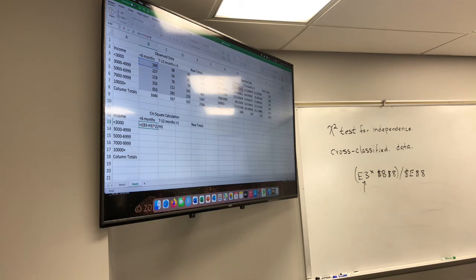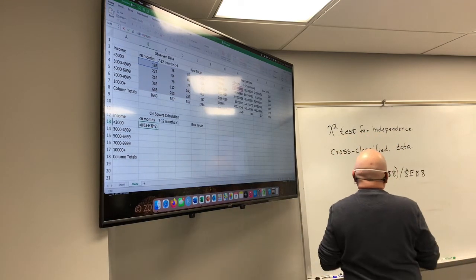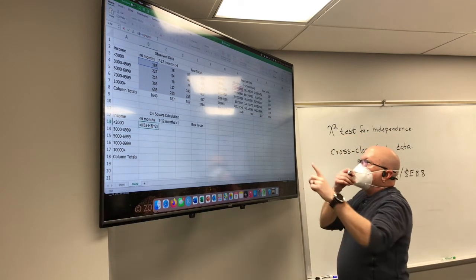In this case, you want to use cell references for everything, and you want to not make any of them fixed. Okay, so this is the observed minus the expected, then square it, then divide by the expected. Where I've put it, down here in row 13, it doesn't matter where I put it.